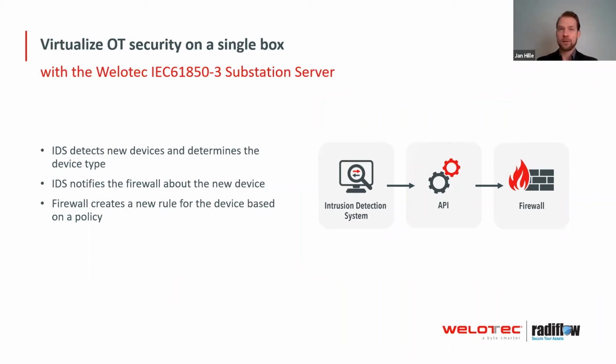So if somebody would install, for example, a rogue device in the network, the firewall will be able to automatically deny the traffic from this device, for example, preventing it from communicating to a command and control server. So this is a very interesting approach to bring in some more security with an automation approach.